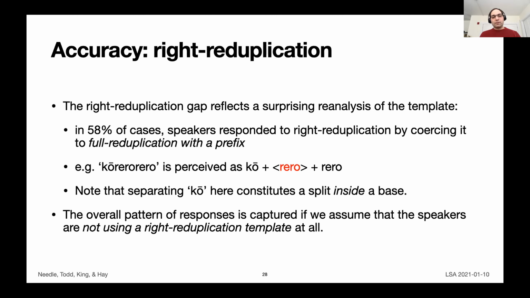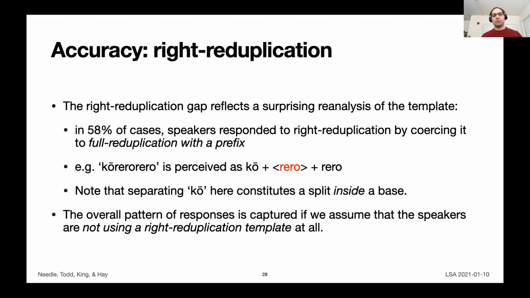We think that the right reduplication gap, as I mentioned, reflects a surprising reanalysis of the template, where speakers coerce it into a full reduplication with some kind of a prefix, even when the prefix doesn't exist, as far as we can tell. And in every case, this is produced inside a base. So for example, korerorero is analyzed as some prefix ko plus a fully reduplicated rerorero.